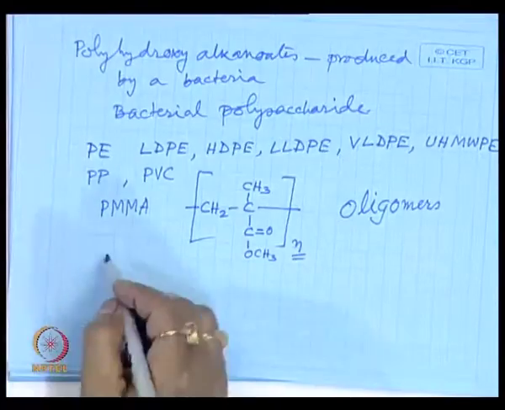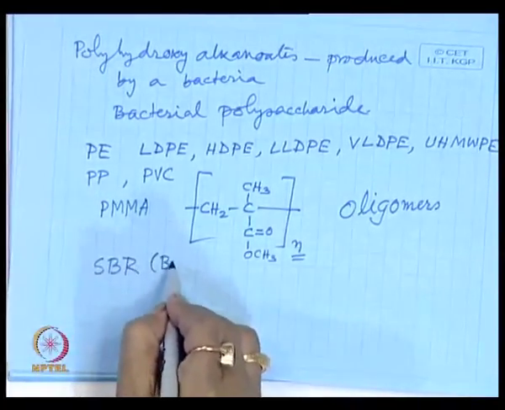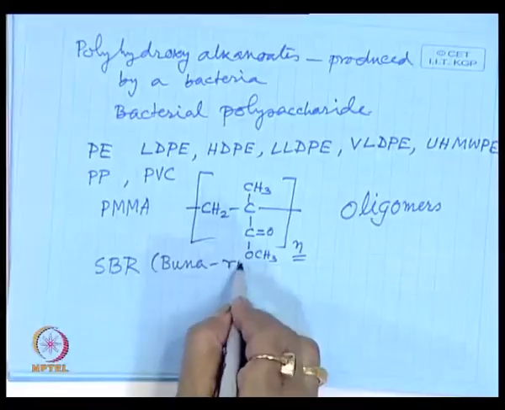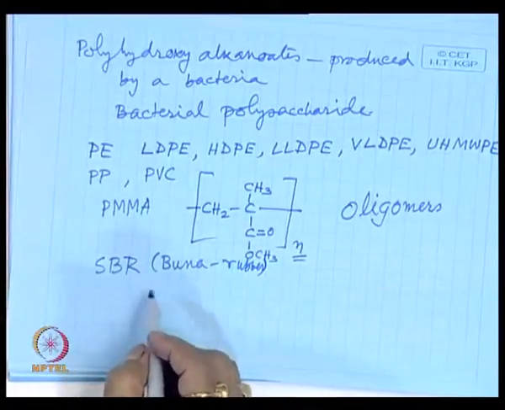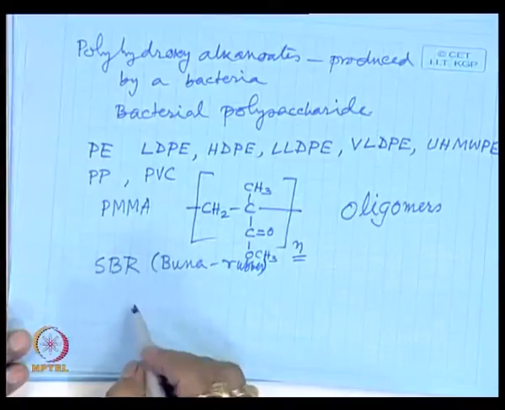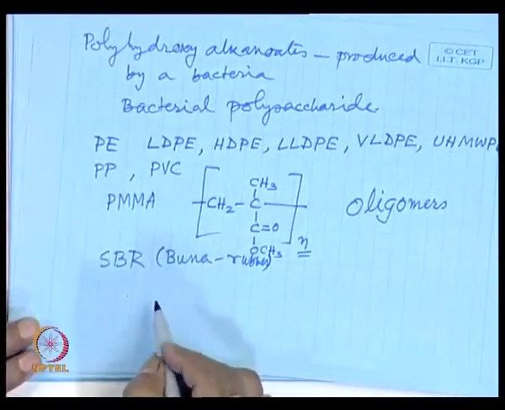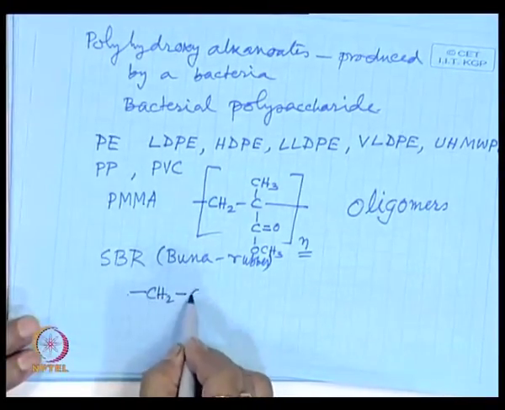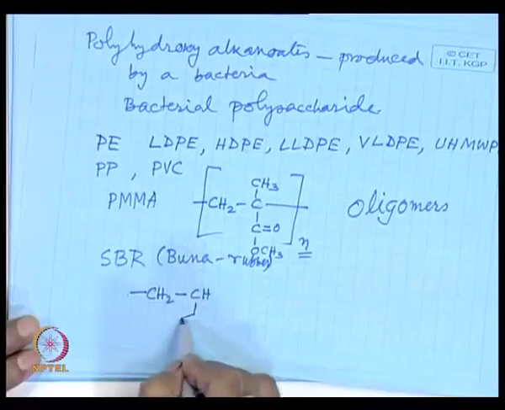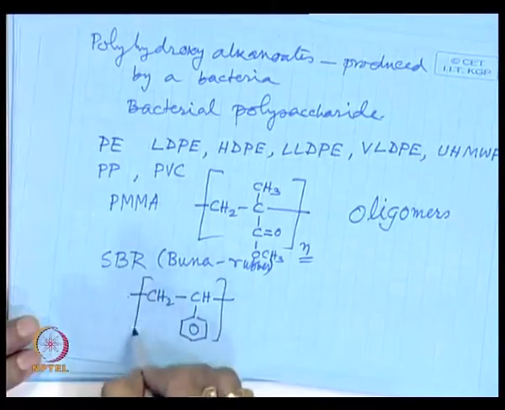Say SBR, what is SBR? It is a Buna rubber. It is a copolymer of styrene and butadiene. What is polystyrene? To write the formula of polystyrene is very easy. You write this CH2, CH, a phenyl ring, this is polystyrene.